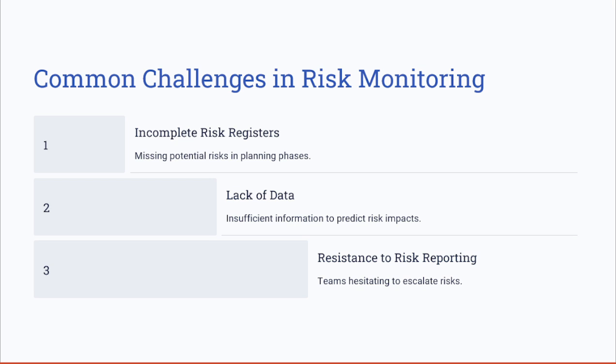And lastly, here we have resistance to risk reporting. Resistance to risk reporting is like teams that hesitate to escalate the risks for not having accountability or not doing their work. That will really impact the project outcomes, because when not escalating things, it becomes more escalated within the team itself. Then they might face a bottleneck that heavily impacts the project outcomes.